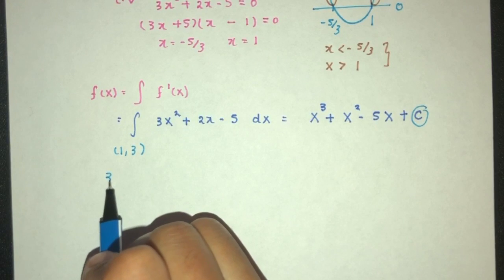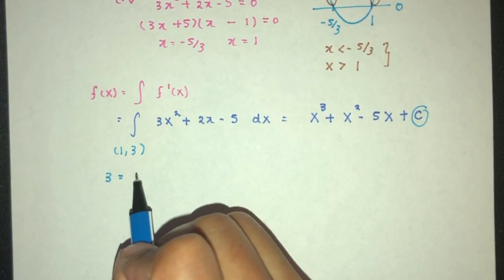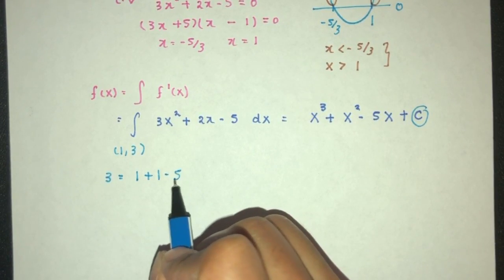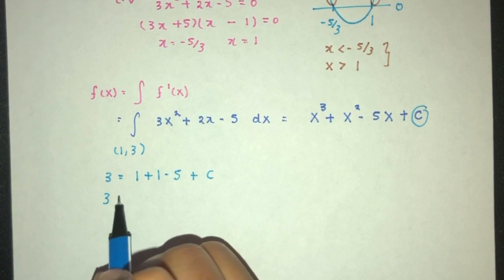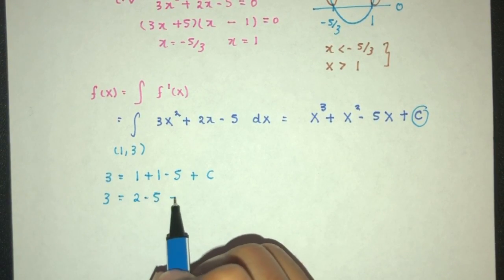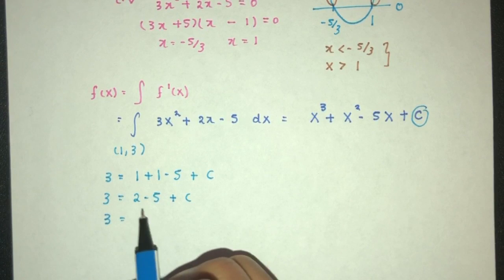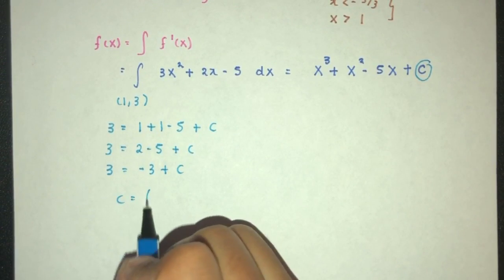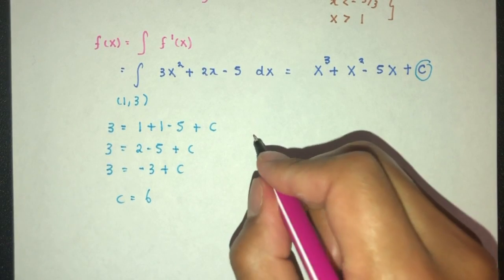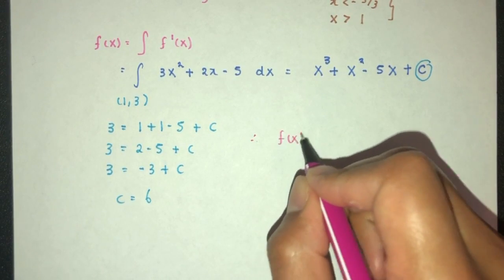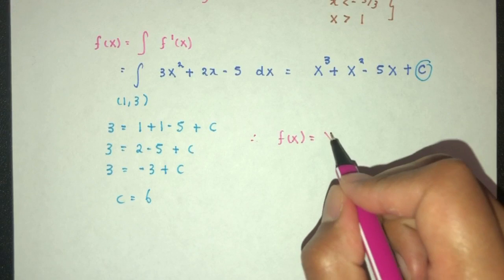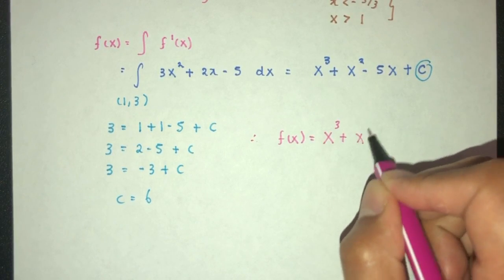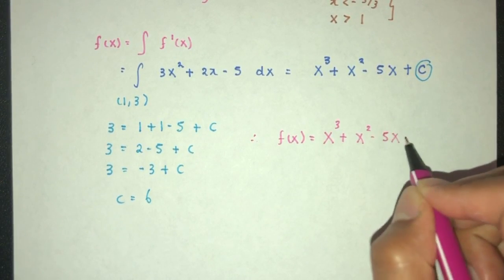So when y is 3, the value of x is 1, that should be 1 plus 1 minus 5 plus c. That should be 3, 2 minus 5 plus c. 3 is equal to minus 3 plus c. So finally c has to be 6. From here, f of x is equal to x to the power 3 plus x to the power 2 minus 5x plus 6.